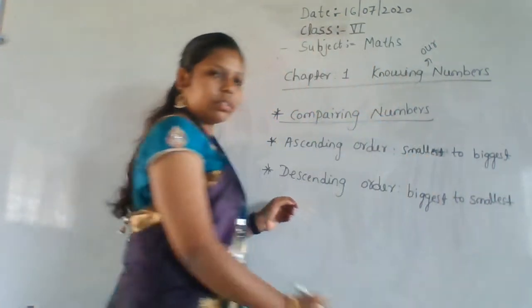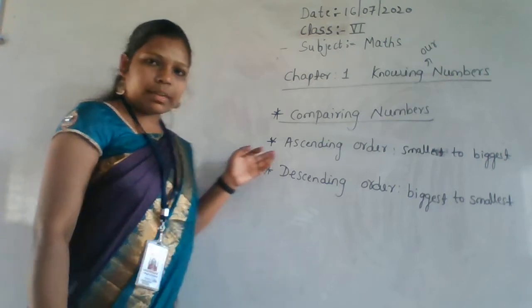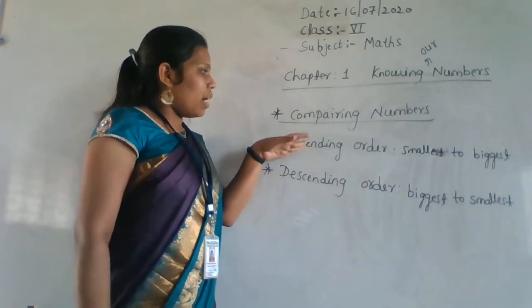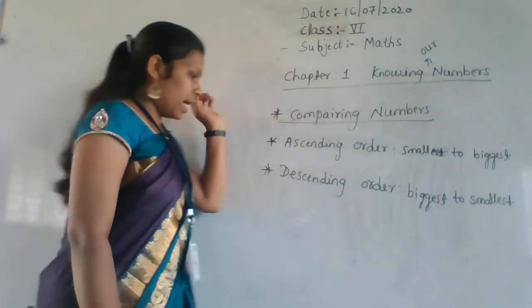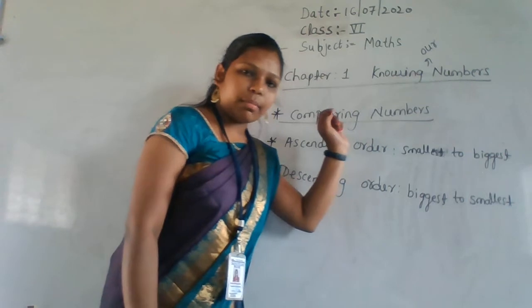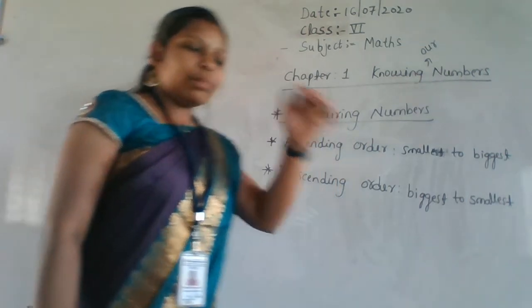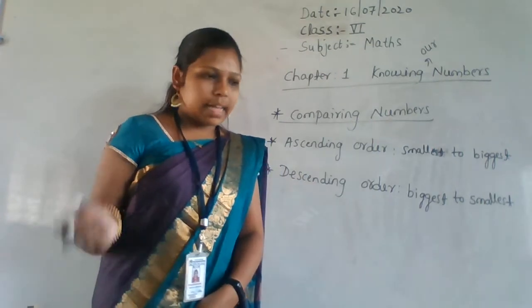Everyone can see properly, right? So ascending order is nothing but writing the smallest to biggest number, and descending order is nothing but writing the biggest to smallest number. You know all those things, and you already learnt them in the last class.